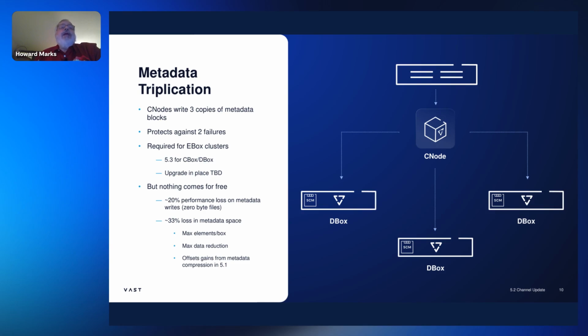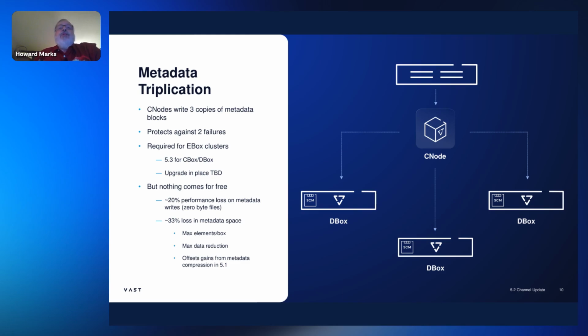It also means that we have a 33% loss in metadata space because we're now writing that 3rd copy. That could limit the maximum amount of similarity in the cluster. It could minimize the number of files or elements in the cluster.